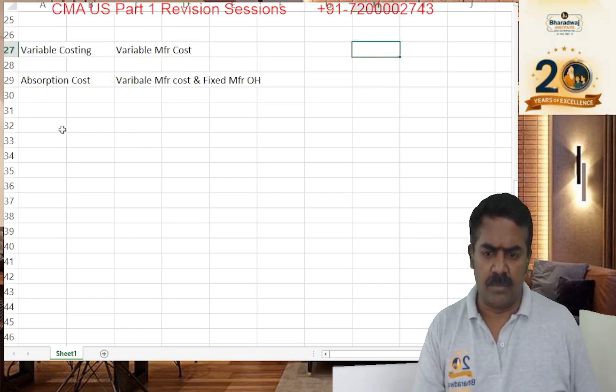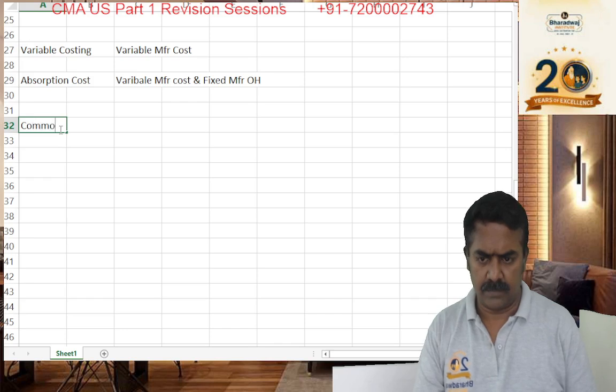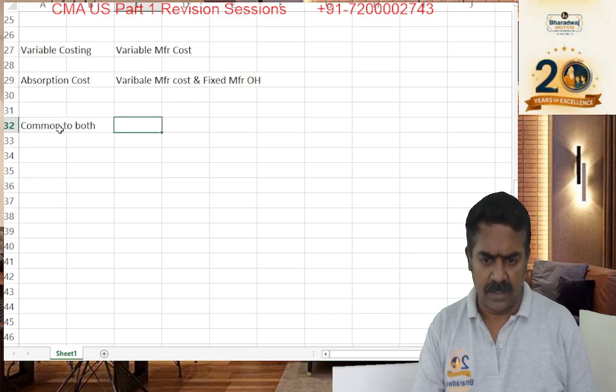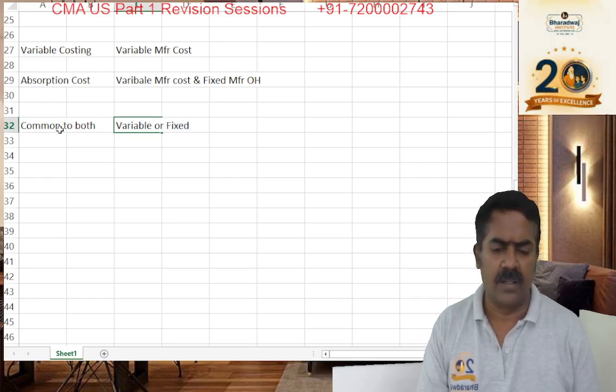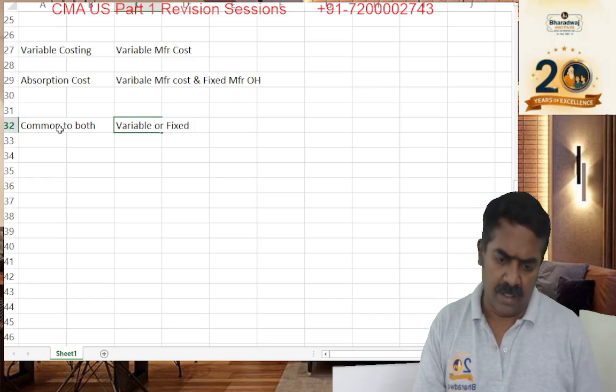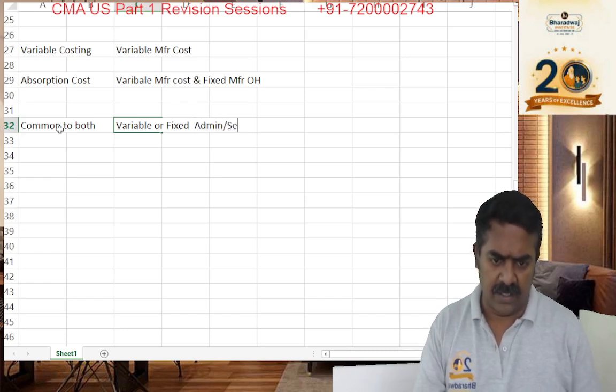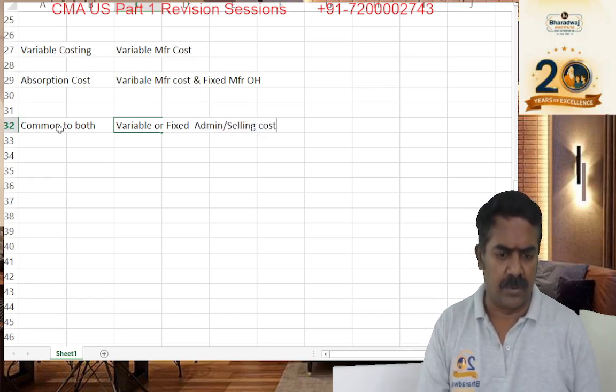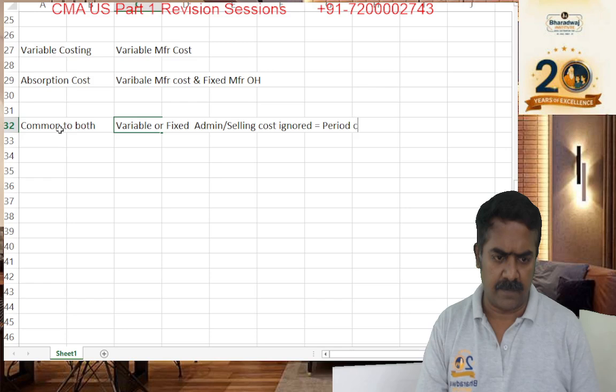What is common to both? Manufacturing cost, let it be variable or fixed. Administration or selling cost is ignored under both methods. That is taken as periodic cost.